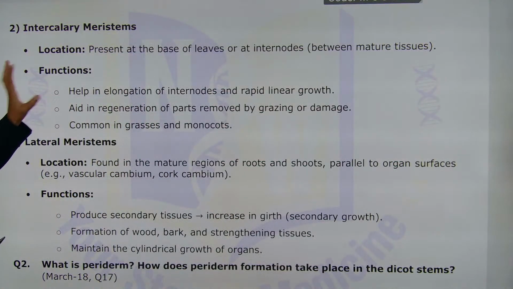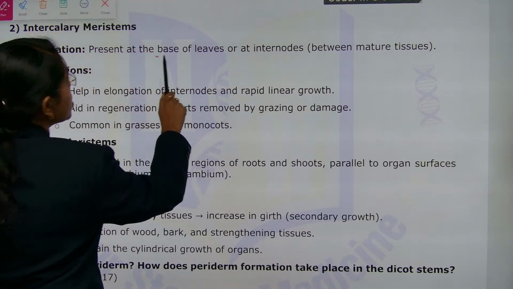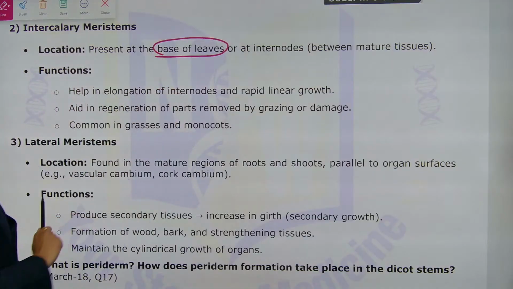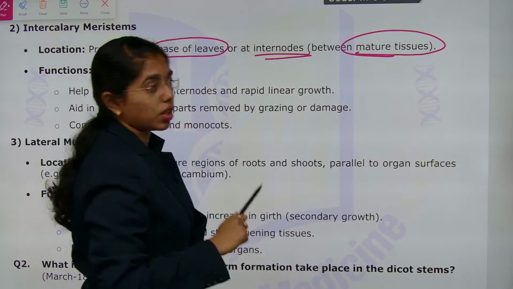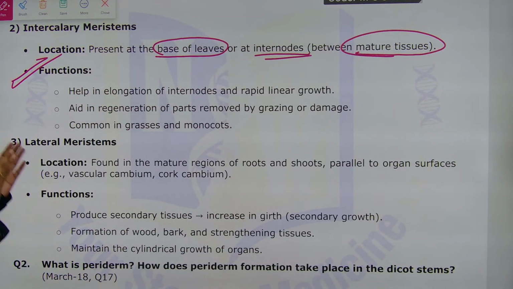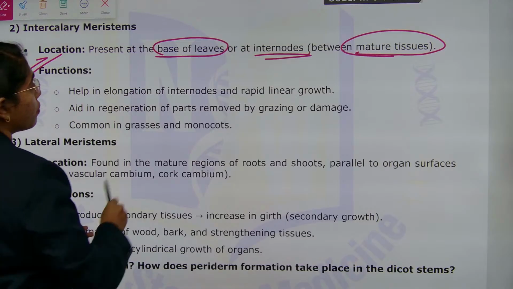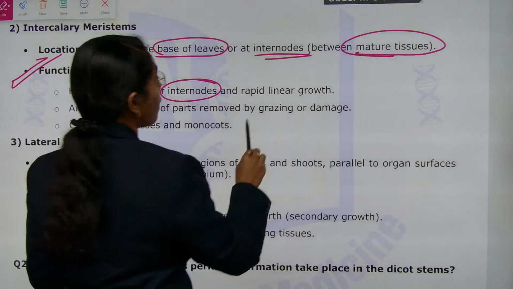The location of the intercalary meristem is at the base of the leaves, at internodes, between mature tissues. Its functions: it helps in elongation of internodes and rapid linear growth.